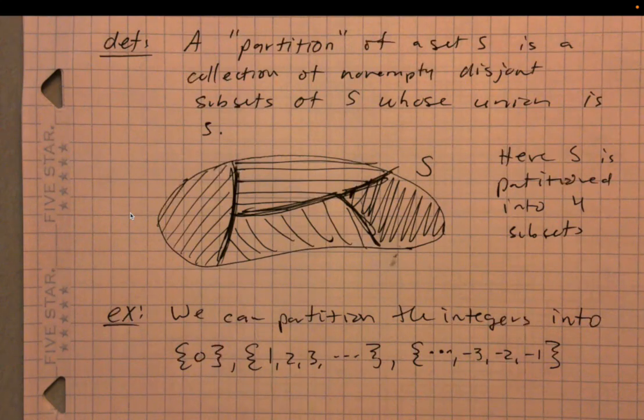Obviously, the union of these 3 sets equals the integers, and clearly they have an empty intersection. One's positive, one's negative, and one is just a singleton 0. All right, so that's what we mean by a partition.